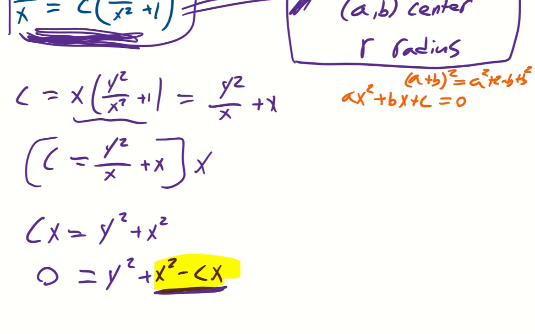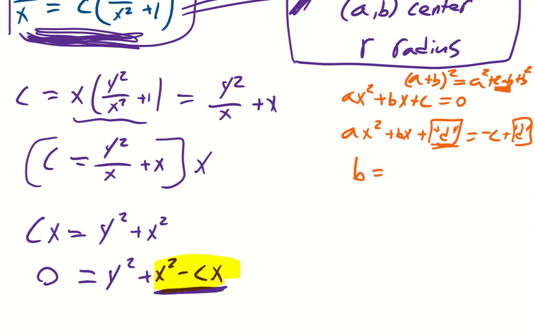So if we say ax squared plus bx plus, I'll call the term d, is equal to minus c plus this d, we can solve for that d, because we're going to complete the square. So what would b equal?